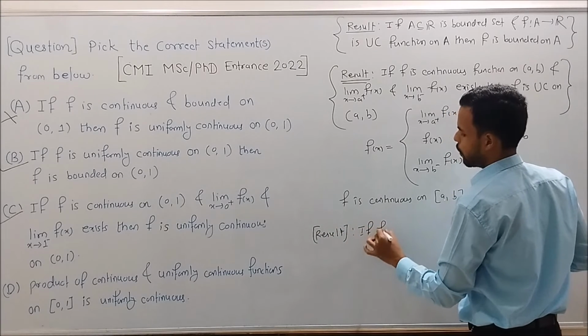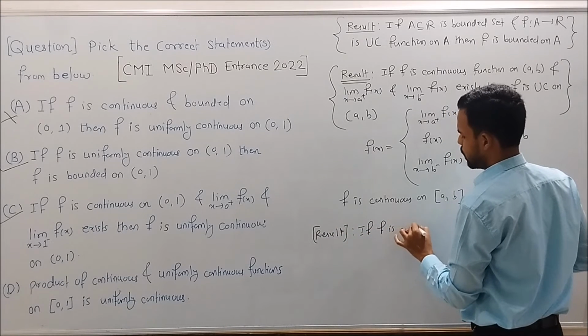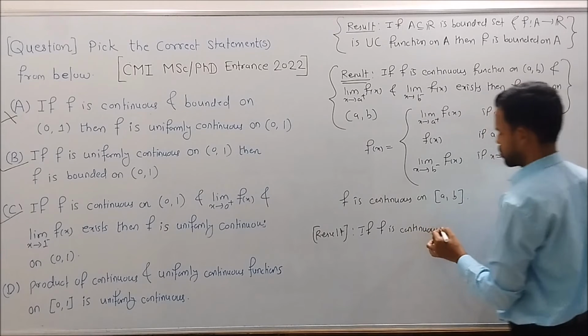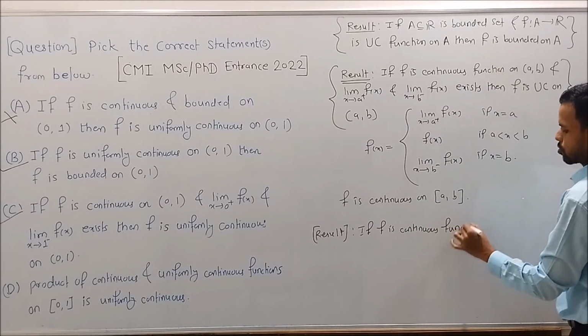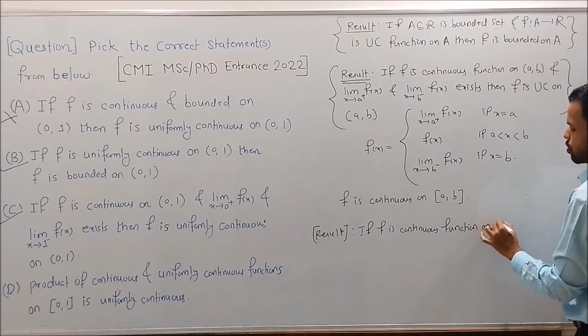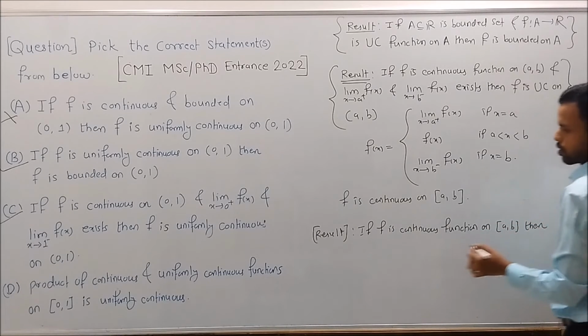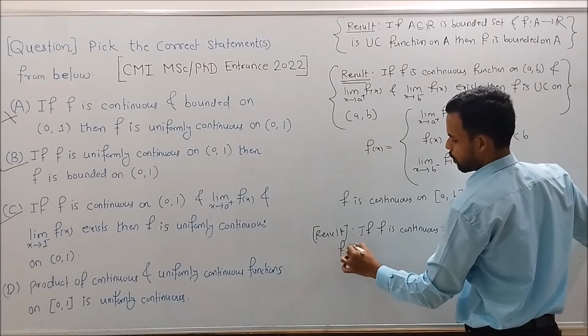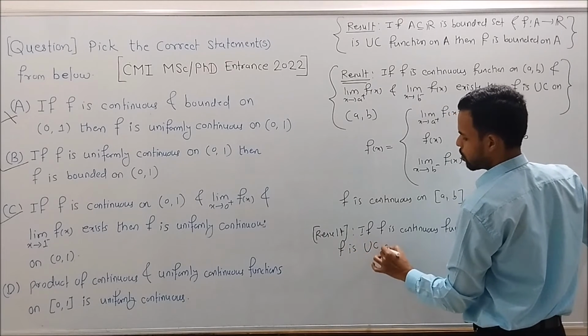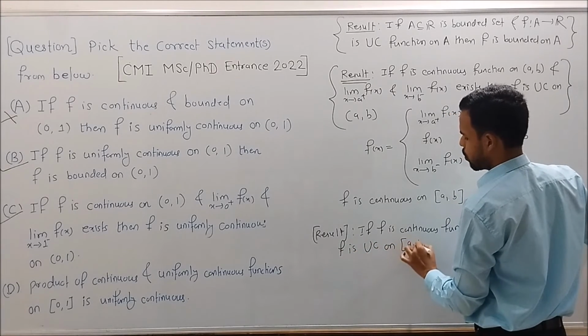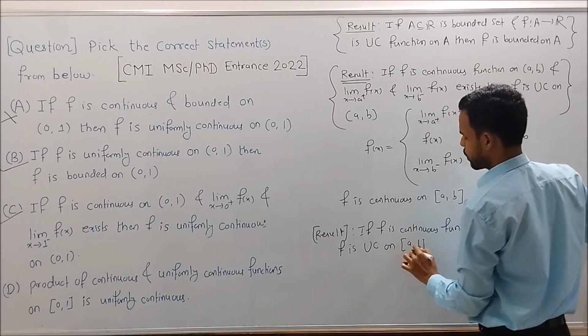If f is a continuous function on the closed interval [a, b], then f is uniformly continuous on the closed interval [a, b].